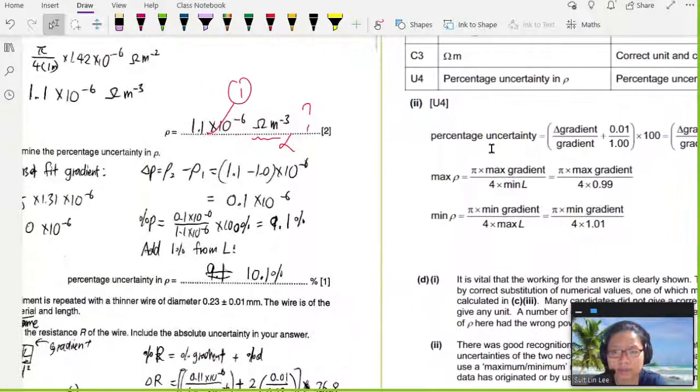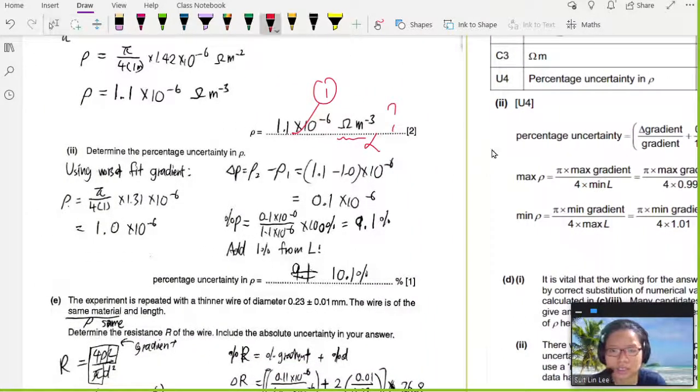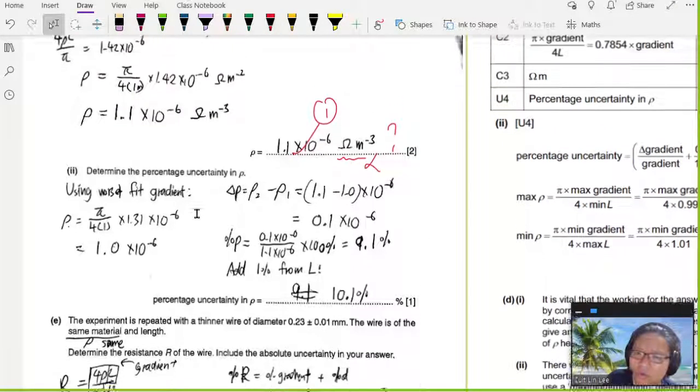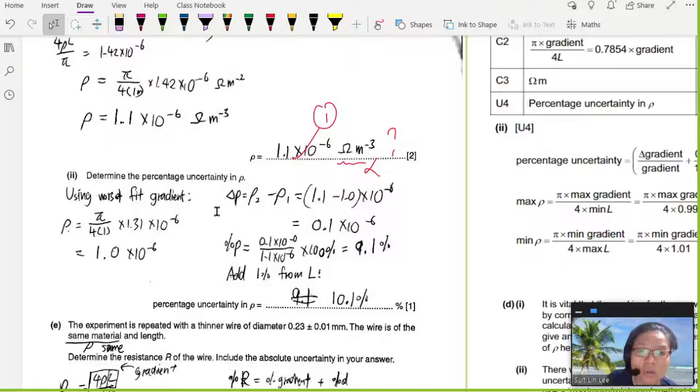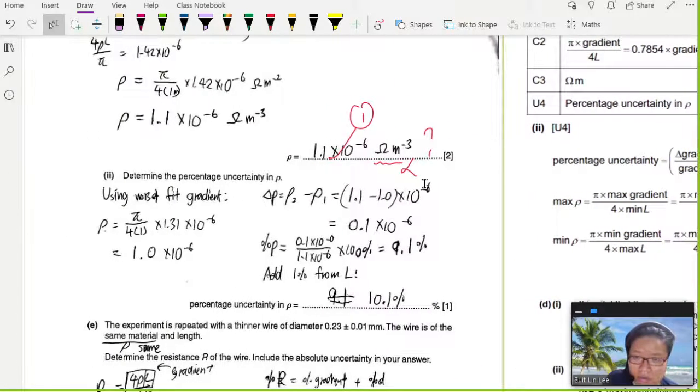This is very weird. What is happening? I am confused. What is add 1% from L? Where is L? Oh, the 1% from L. I got a lot of questions.